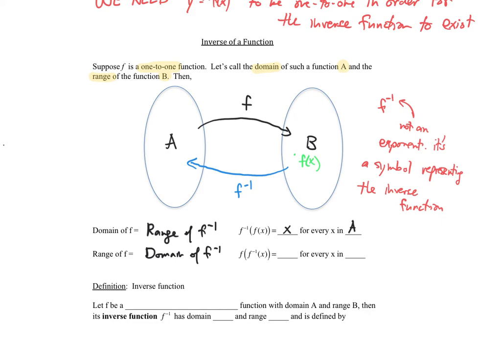Okay, let's do something very similar. This time, we are going to start with our x in B. So let's put the x over here. And when we map x to the set A via f inverse, the image under the inverse function is going to be f inverse of x like this.